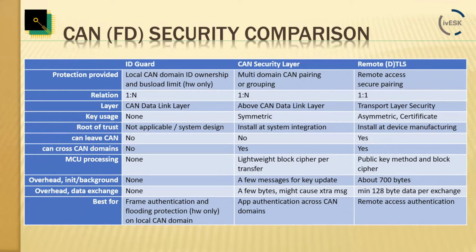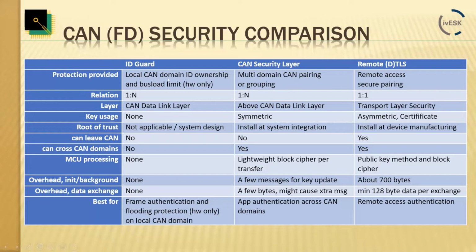Because this table really brings you down the essence of what each individual method is capable of, but also their limitations. So this table is really the essence of the security options available with the three methods. And let's really just go through them one by one because they are quite important and show you the differences.